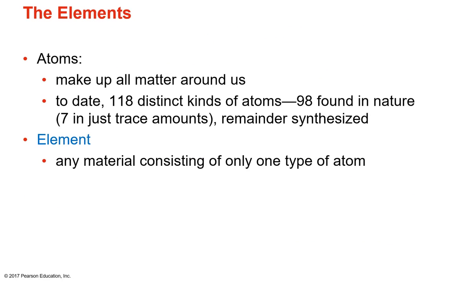All right, so the elements. I had to update this. If you look in your textbook, the numbers will be different because the textbook is a few years old. The periodic table is also a few years old. So on our periodic table, element 113 is listed, and it has the star there, still to be discovered.